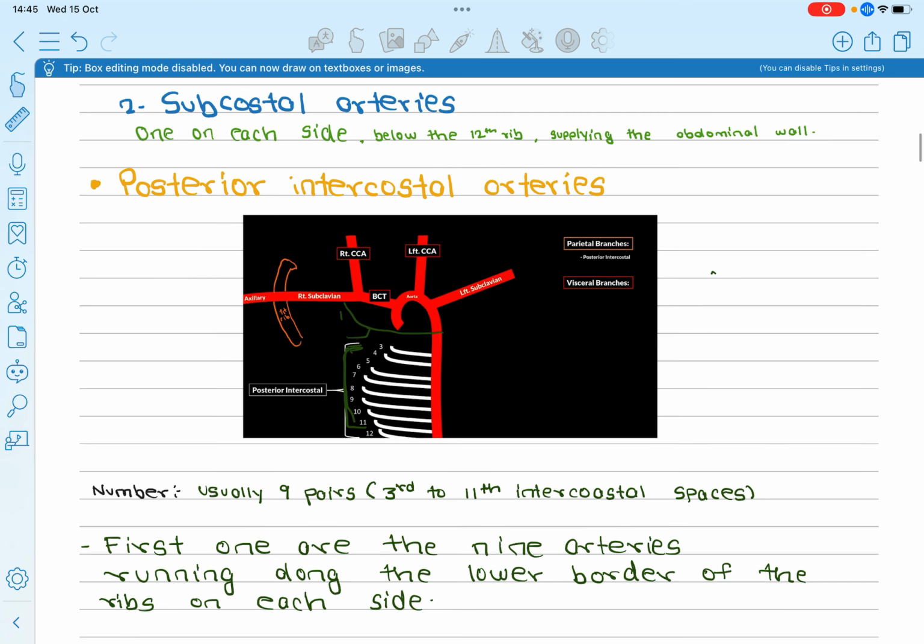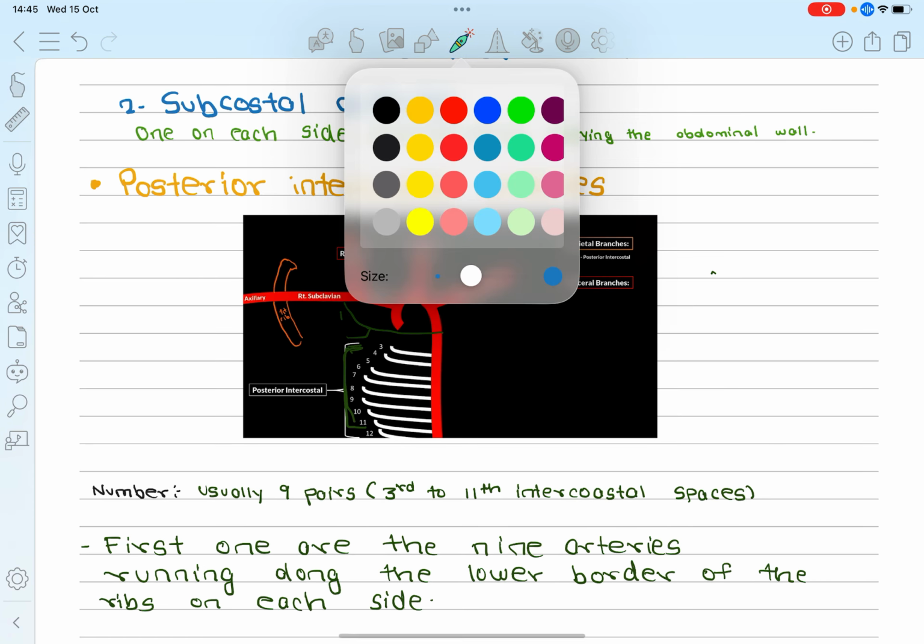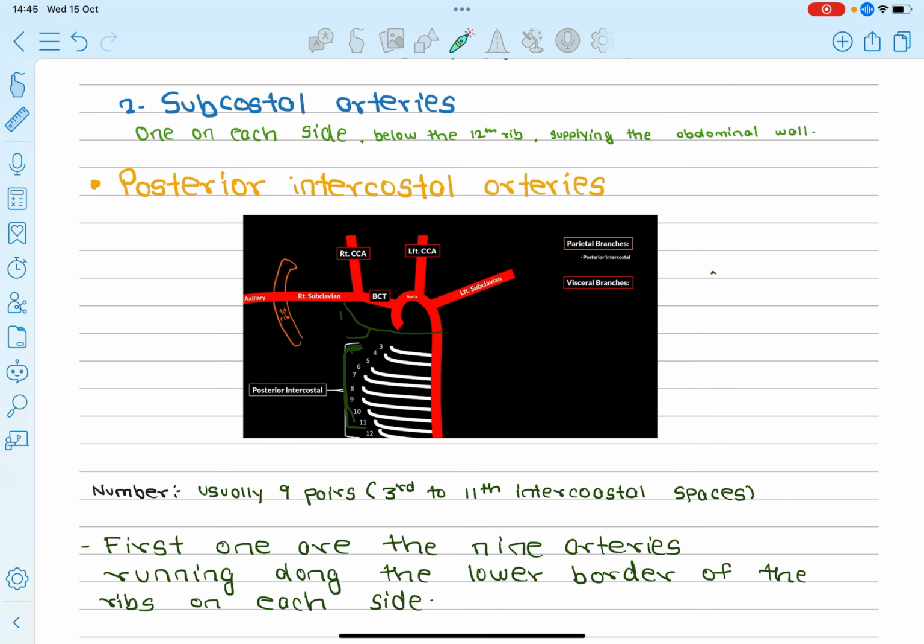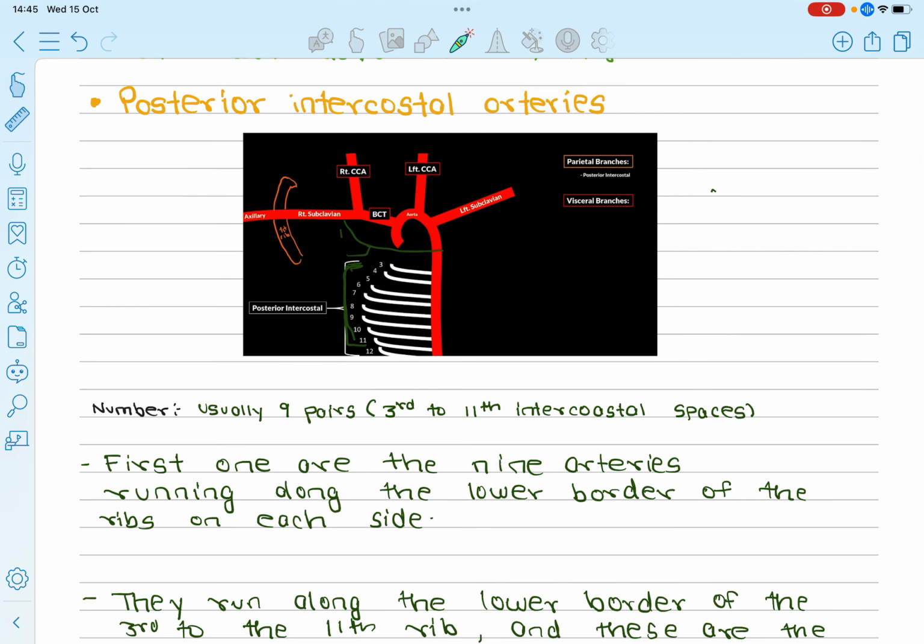These are the posterior intercostal arteries. The first ones are the 9 arteries.